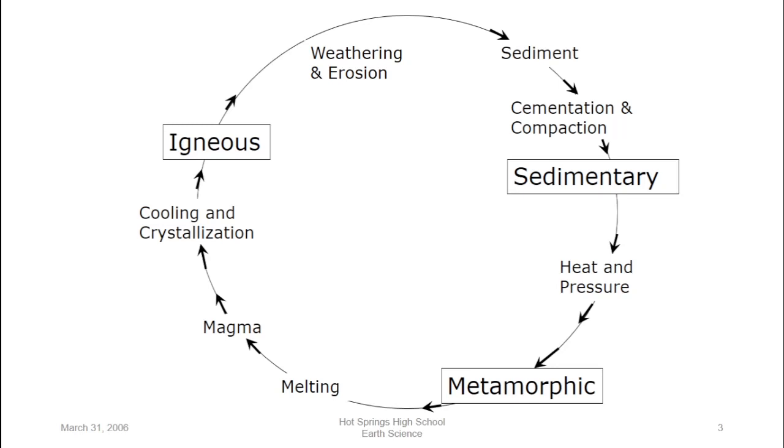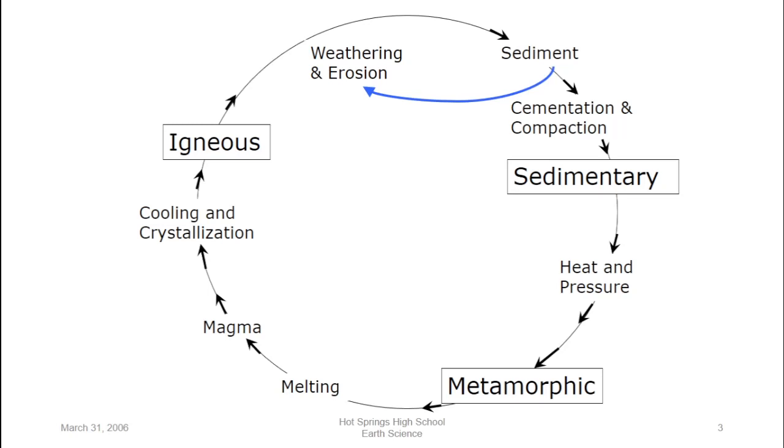For that sediment to get smaller and smaller, it has to continually go back into weathering and erosion. If I have a big chunk of rock, it has to go back into weathering and erosion before it can get made into smaller and smaller chunks.